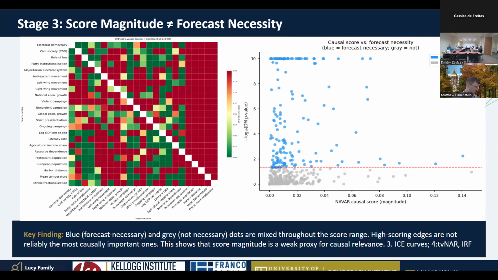And so this is one of the key findings: being forecast necessary is very different from high Granger causal magnitude, and vice versa. They're not the same things. And so our model basically prefers forecast necessary variables and emphasizes those.